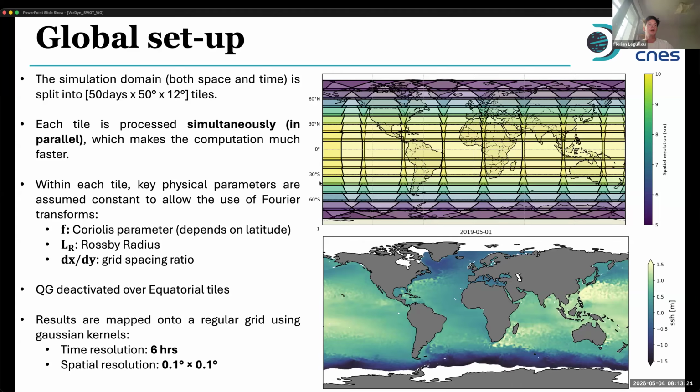So we don't use any dynamical constraint in the tropical band. And then, as we have all the results of the tiles, we build the maps again by space and time interpolation using Gaussian kernels. And at the end, we have a numerical resolution in time of 6 hours and in space of 0.1 degrees longitude, latitude.